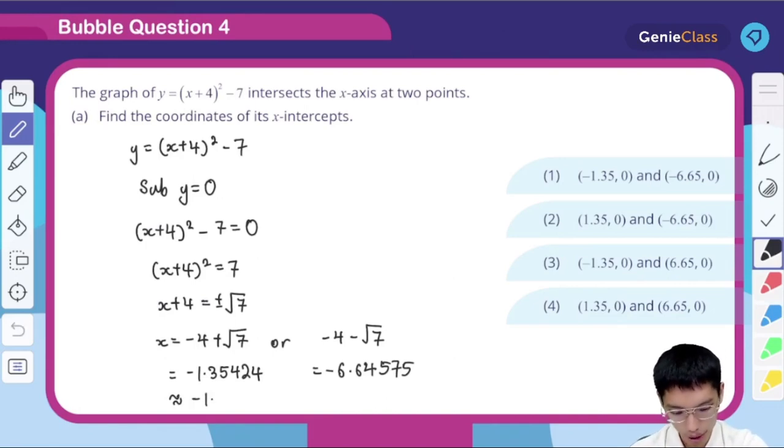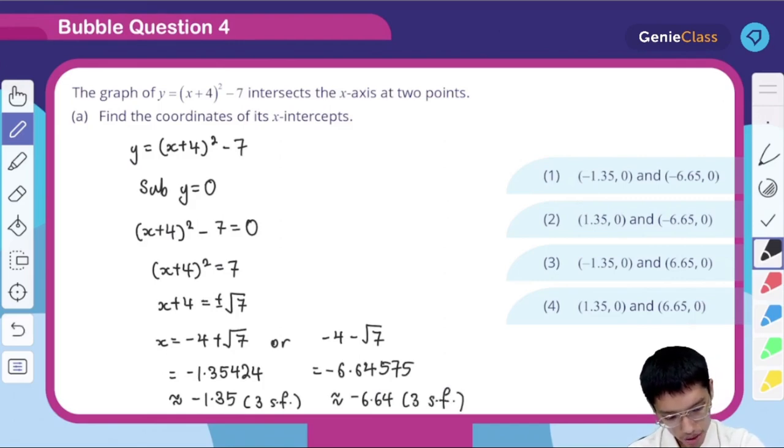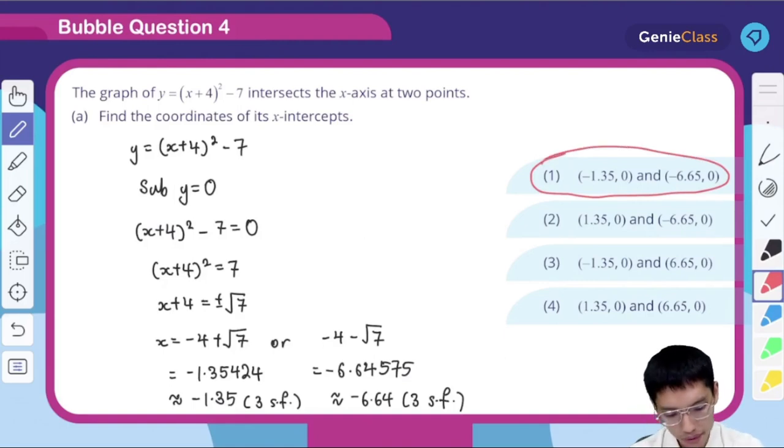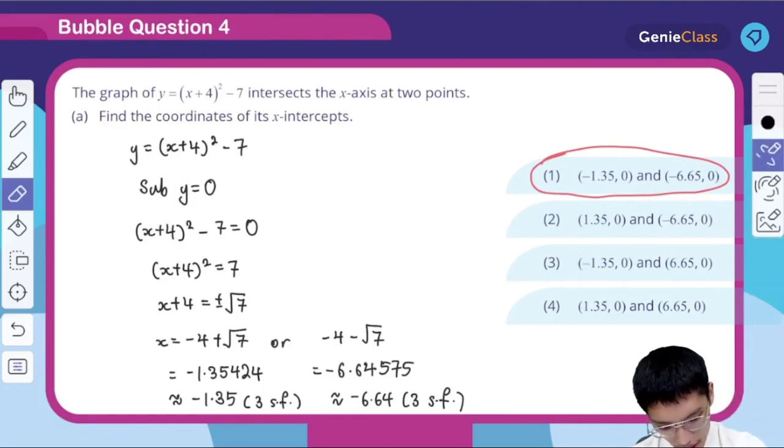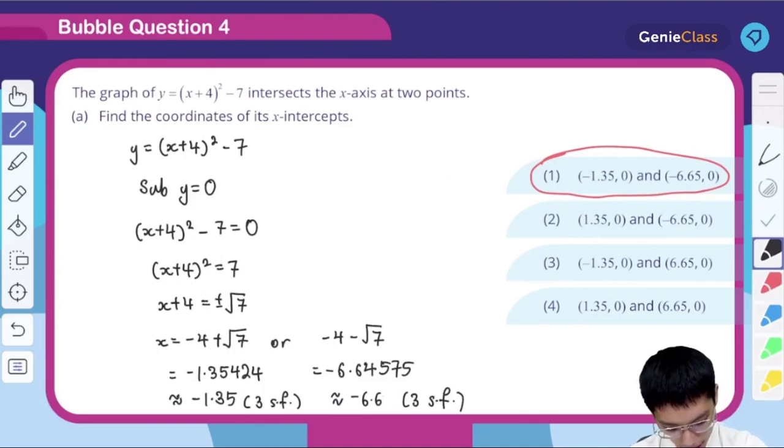In this case, negative 1.35, this is to 3SF, or the other one will be negative 6.65, again to 3SF. So that is my answer for number 1. Once we find the x value, key in as a coordinate, that will be your answer. Yes, negative 6.65, thank you for the note, Denise. Yes, I said 5, but I wrote 4. Sorry for that, but yes, it's a 5.